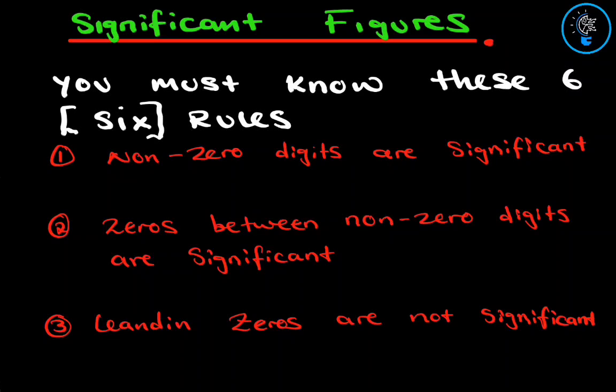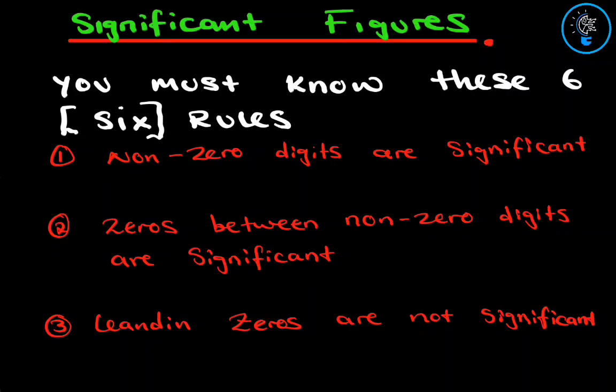These 2 laws have to do with how to work out multiplication and division. The other law has to do with how to work out addition and subtraction. Then at the end of the video, we are going to answer some exam questions. Okay, having said that, let's begin.